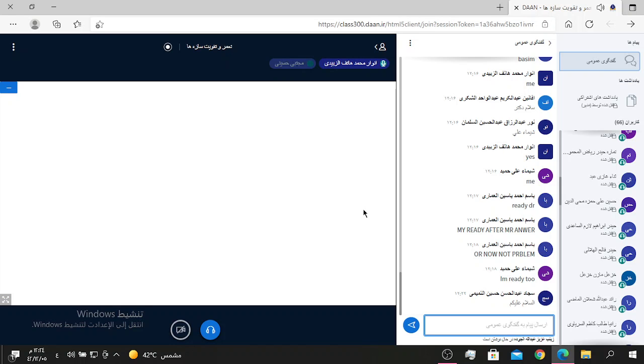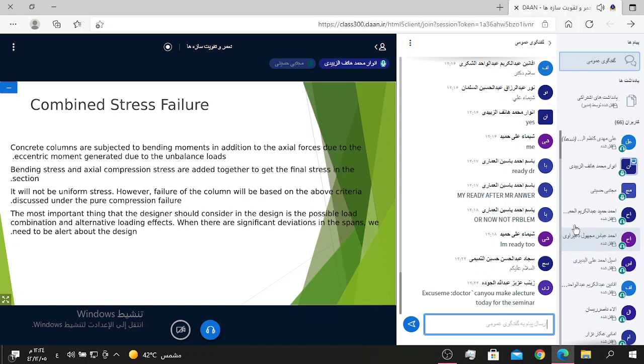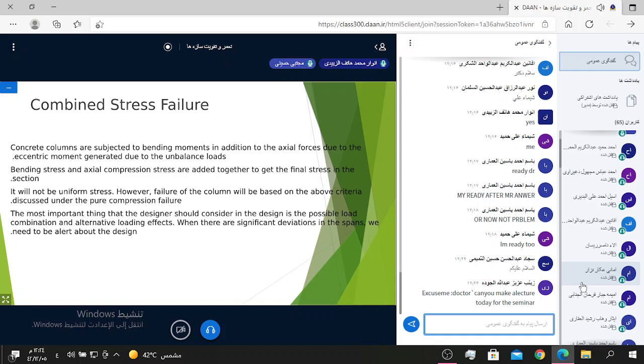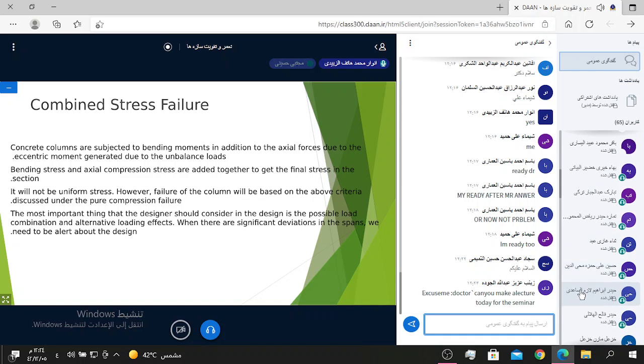Type 2, combined stress failure. Concrete columns are subjected to bending moments in addition to the axial forces due to the eccentric moment generated by the unbalanced load.